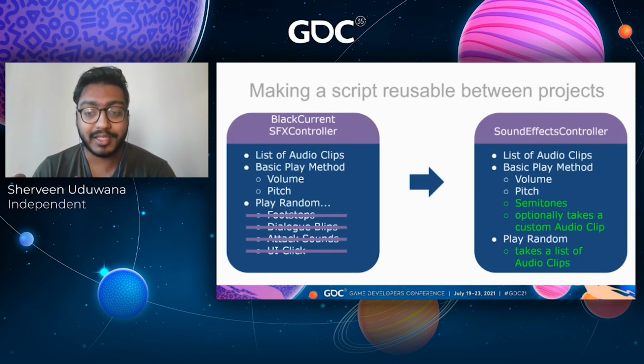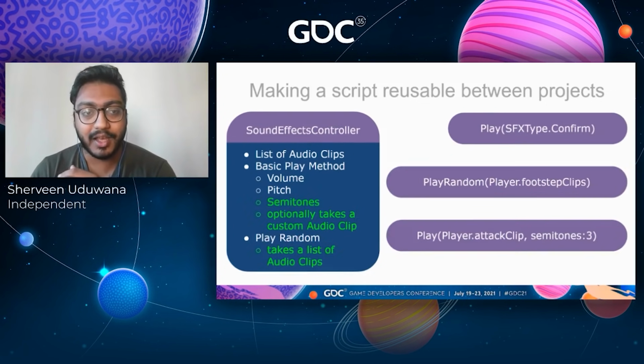When you're generalizing these scripts, look for methods or things that have assumptions about the type of project you're making, and take that out, if that's helpful. Here is another example of how these methods work.